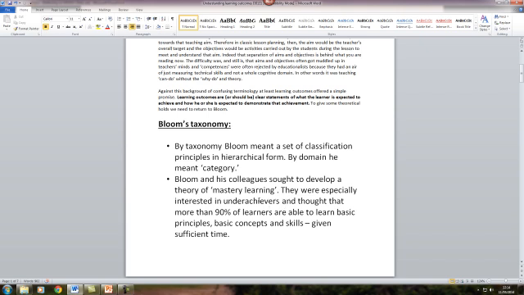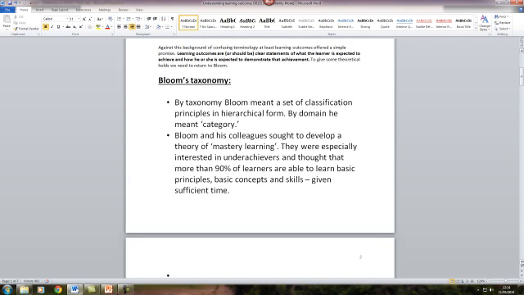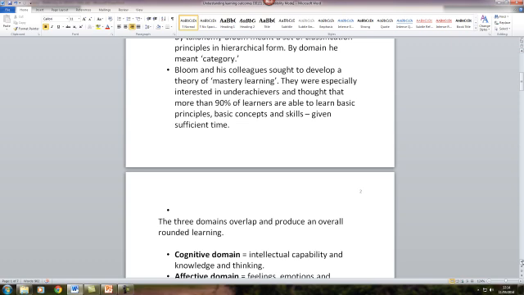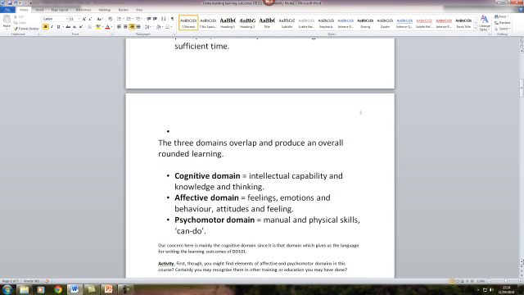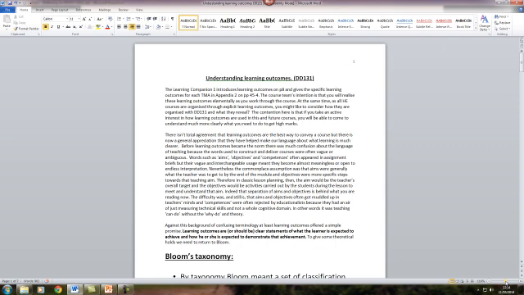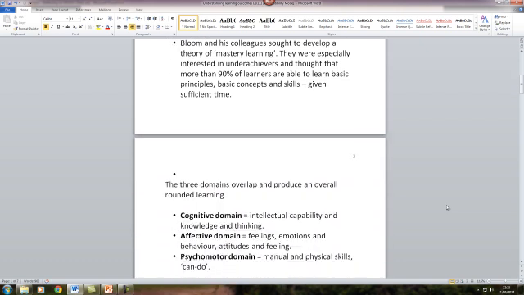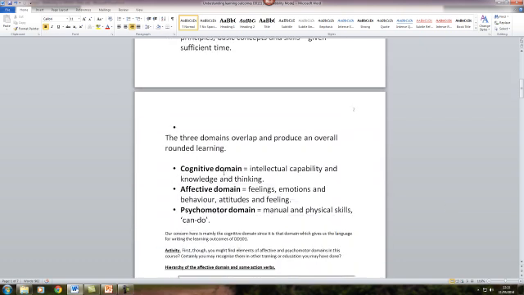This is called his theory of mastery learning. There wasn't only the cognitive domain, there was the affective and the psychomotor.